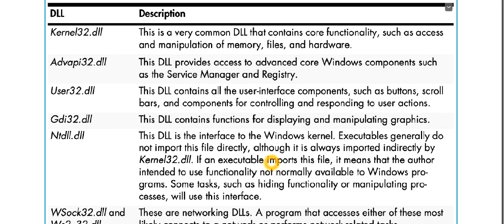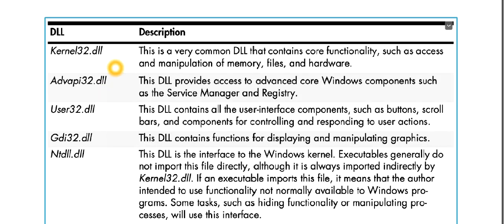Common DLLs that can be used to make certain deductions are these important DLLs. You can take a screenshot. The first one is kernel32.dll. We have used the extension .dll. Can you tell me what this .dll stands for? Kernel32.dll is a very common DLL that contains core functionality such as access and manipulation of memory, files, and hardware. Then we have Advapi32.dll.